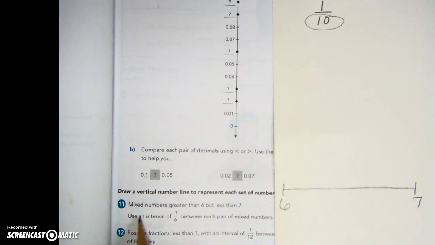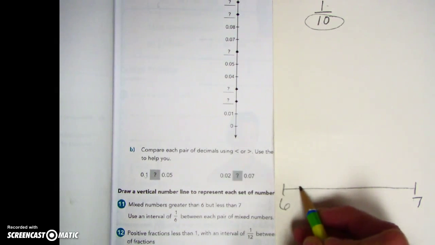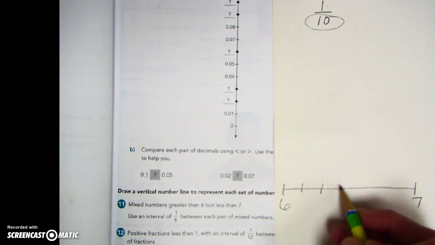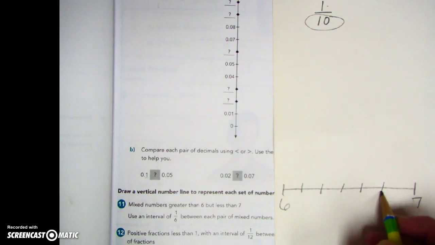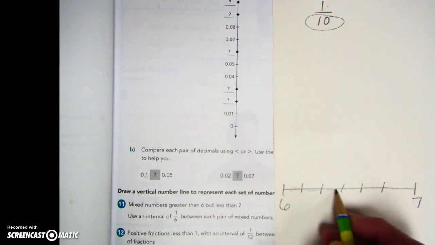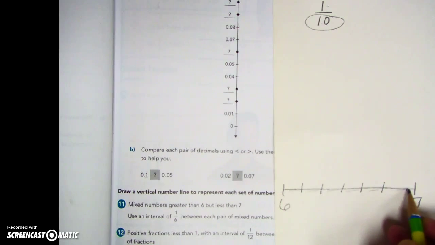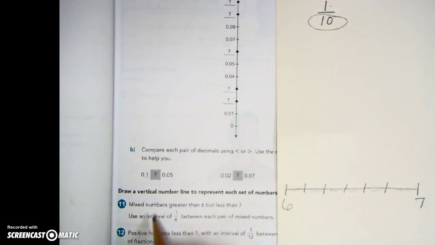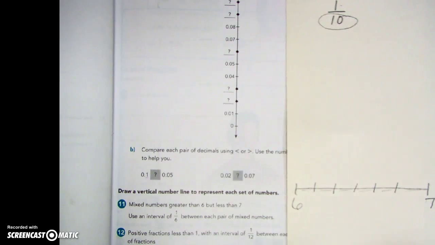Then it's saying using an interval of 1/6. So every time we're going to add 1/6. So I know I need to divide it into 6 parts, which would be 5 lines. Make 6 parts. 1, 2, 3, 4, 5, 6. And it's saying mixed numbers greater than 6 but less than 7. So we're going to go ahead and use intervals of 1/6.